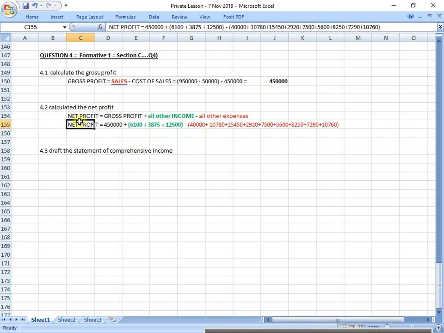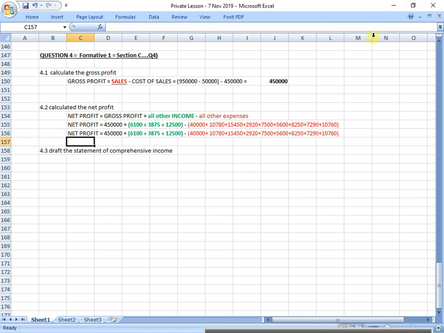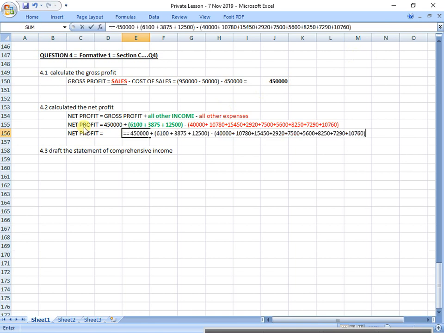There we go. Now you add and subtract all of that stuff, and you get an answer. What calculator do you use? I use Sharp. Okay, can you work this out? I want to see if you can use your calculator correctly. What is the net profit? Sometimes you might lose marks because of silly mistakes. Let's not make silly mistakes. Type all of that in correctly, with the brackets. What do you get?